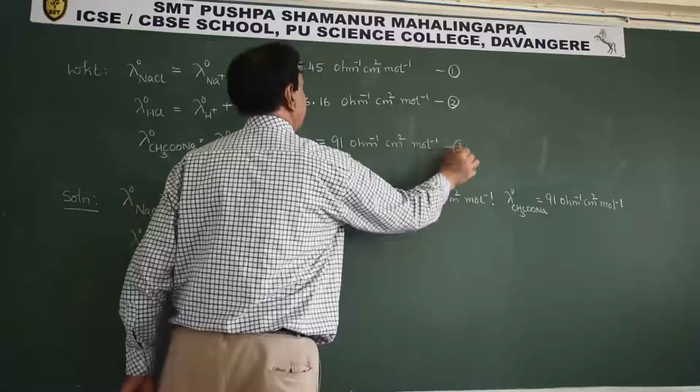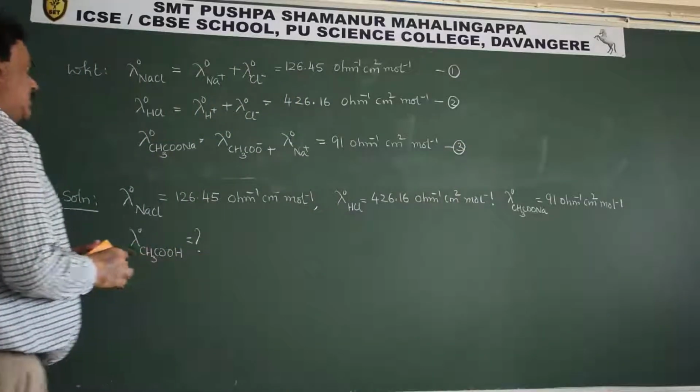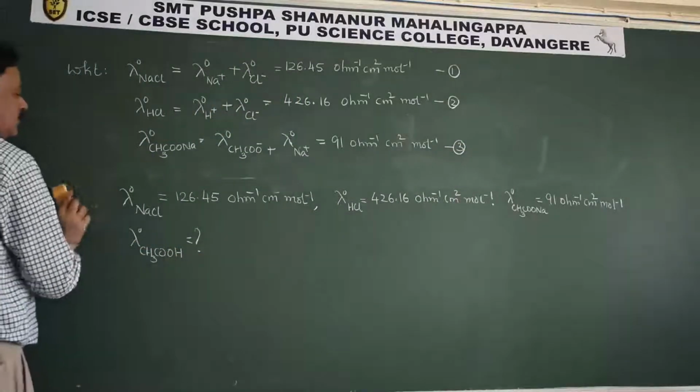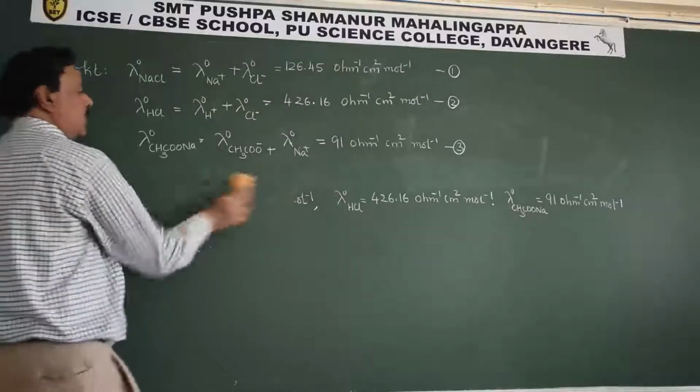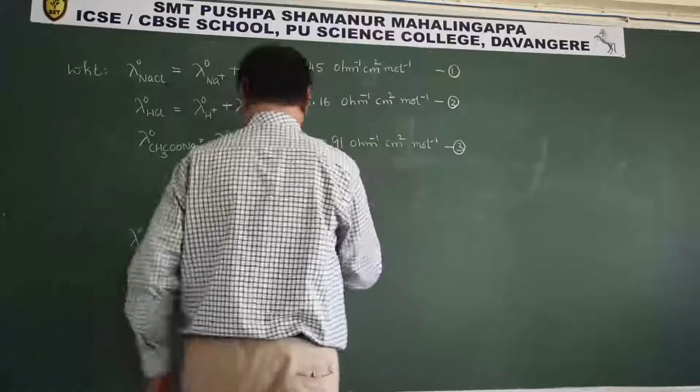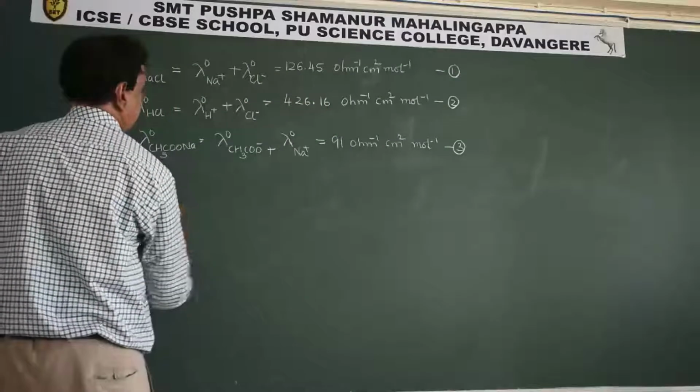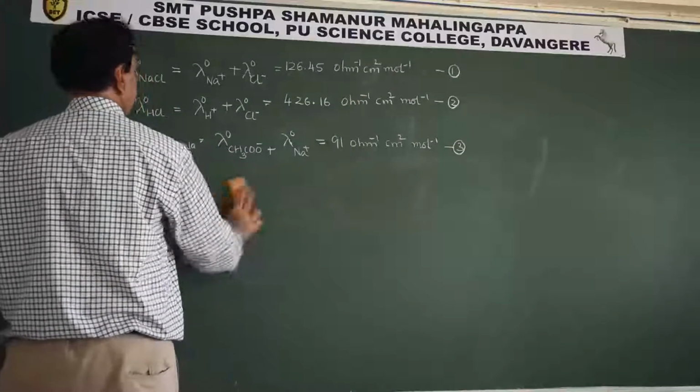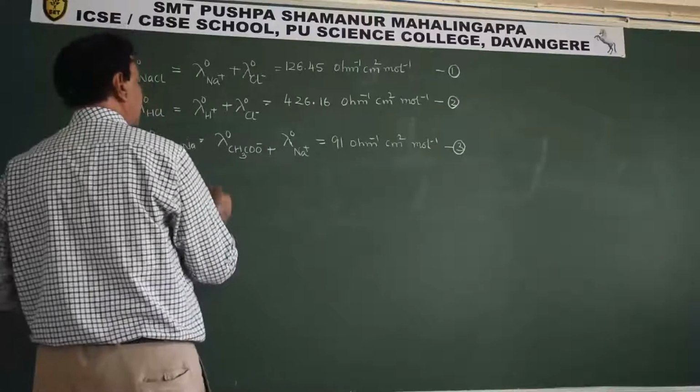Call this equation number 3. By using equations 1, 2 and 3, I have to find the molar conductance of acetic acid.